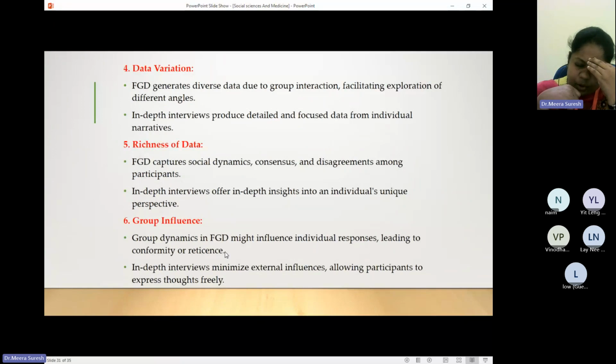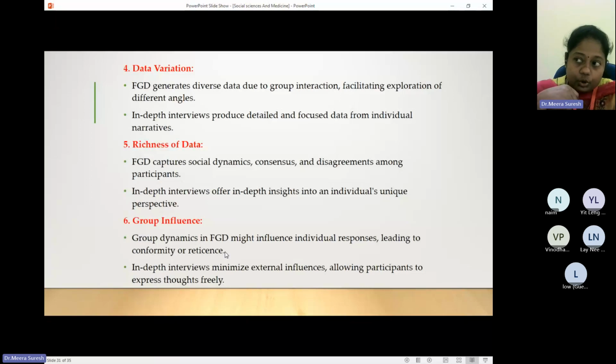You have a complaint about a particular teacher or a lecturer. One of you is having some problem, and you are in the group FGD being asked in general about the lecturer. So it can happen that the one person who has a problem with a particular lecturer is asked, what is your opinion about that particular lecturer?